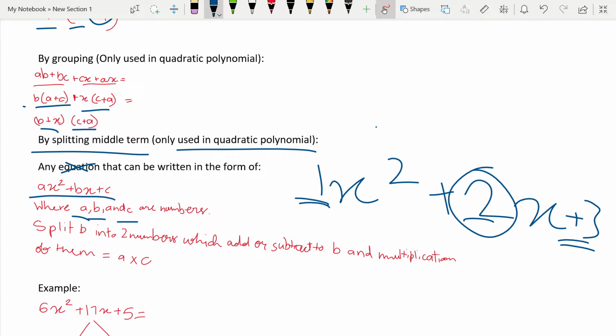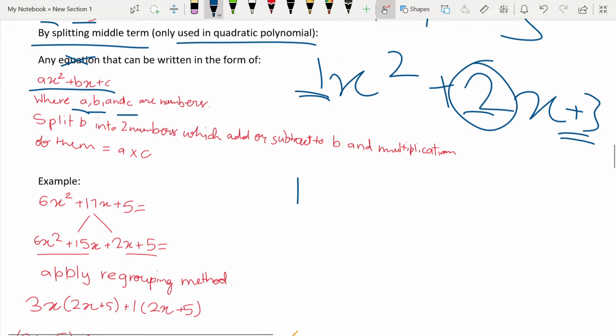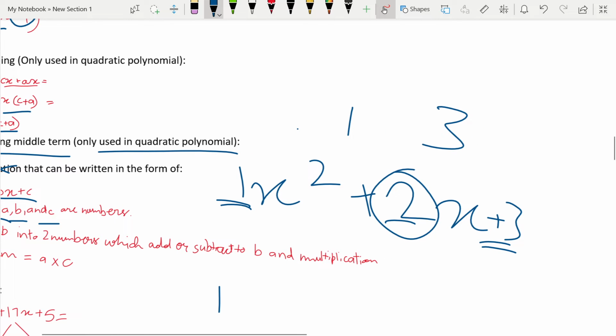So let's split 2 into two numbers. What can those numbers be? Let's say that would be 3 and 1. 3 minus 1 is 2. So how will we write that? Let me show you. Let me make this a bit cleaner.